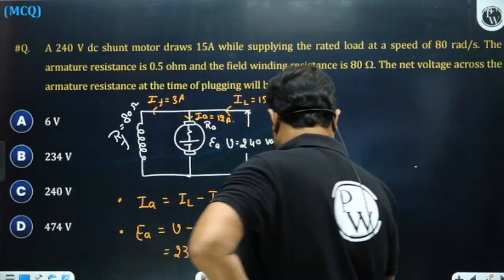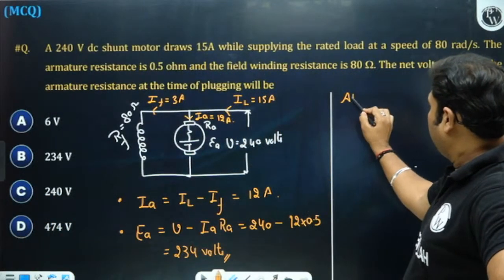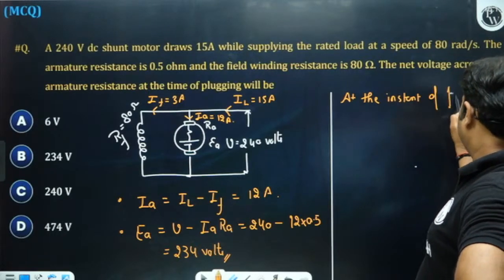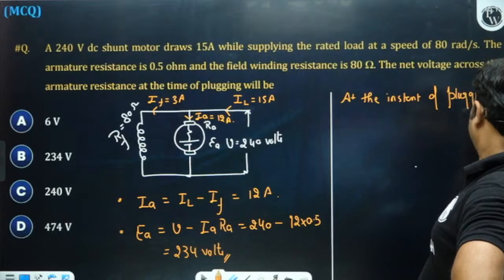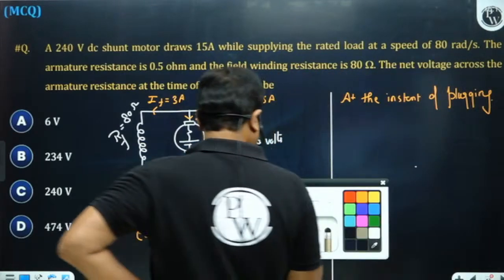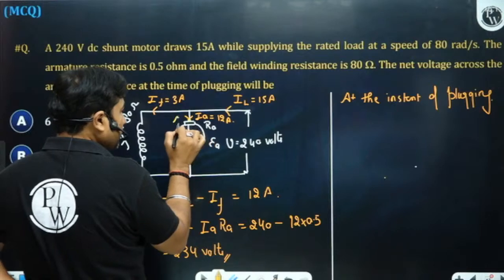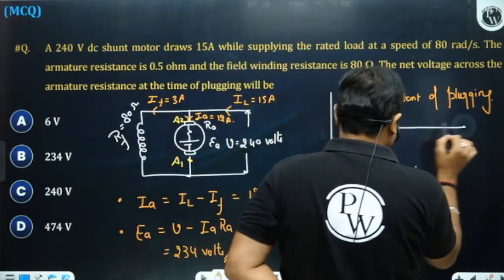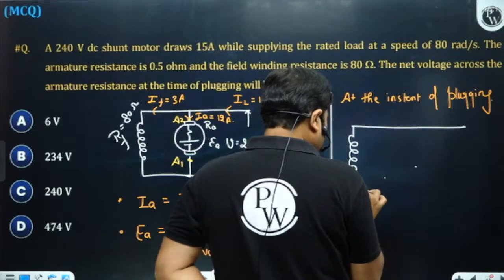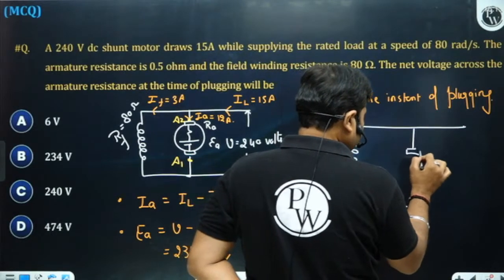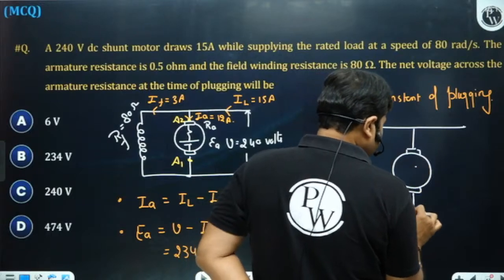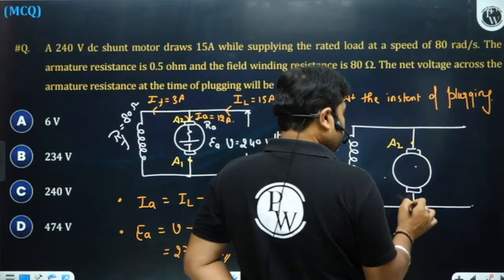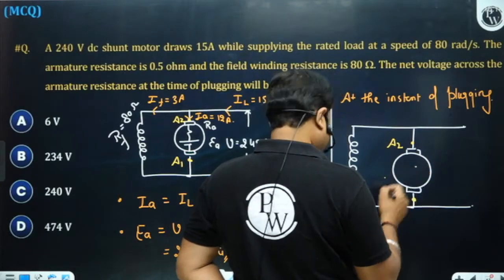And at the instant of plugging, armature terminal is reversed. So if we have A2 A1 terminals, then terminals A2 A1 get reversed. Whenever we have to apply brakes onto the DC machine, we can use either regenerative braking, dynamic braking, or plugging.